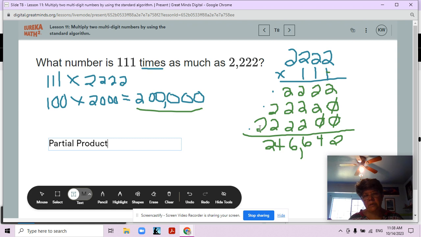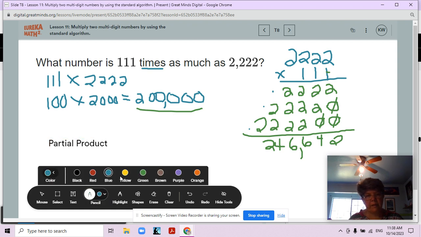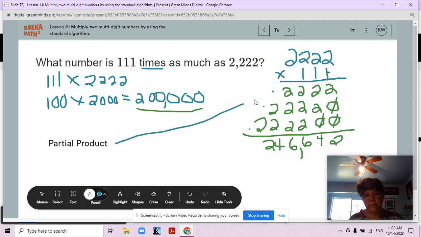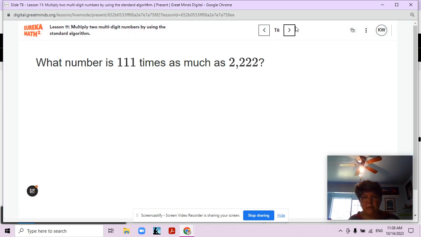So each of these parts is a partial product, yes? So here's a partial product, here's a partial product, and here's a partial product because it's part of the answer, which is the product, okay? Make sure you know that vocabulary. That is very important. And we have another problem to do.